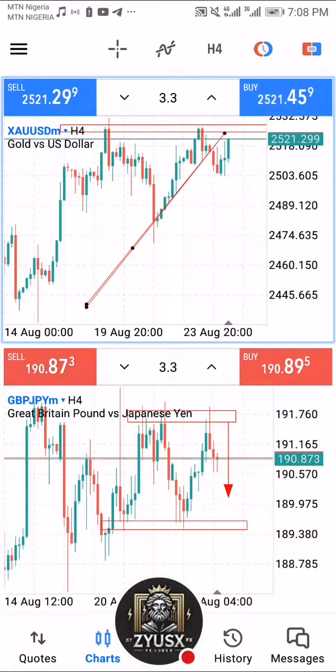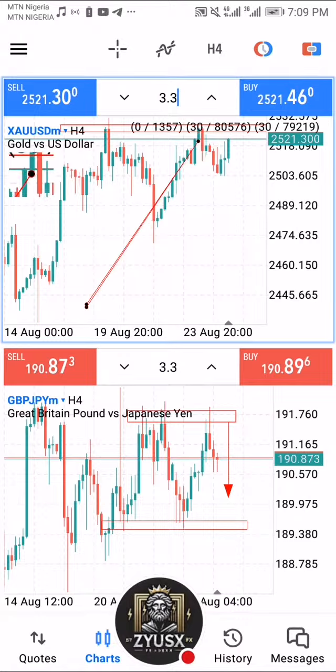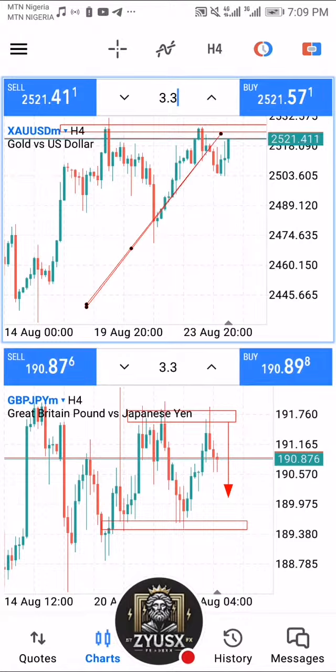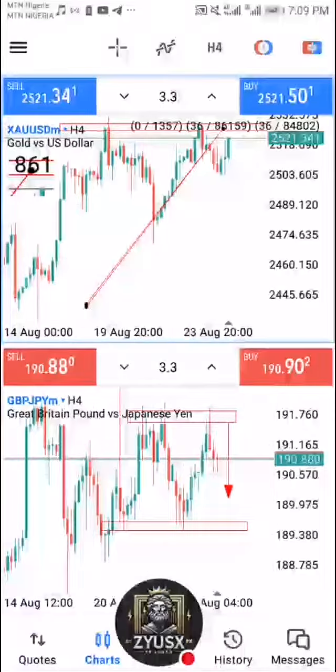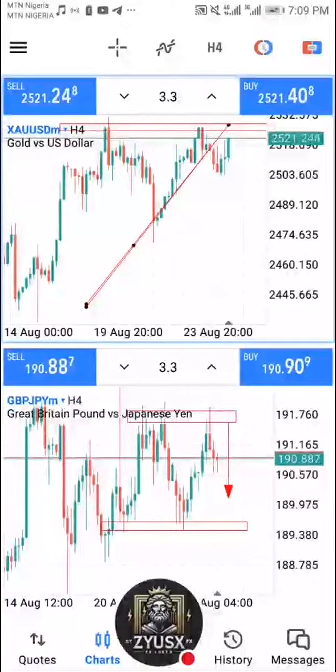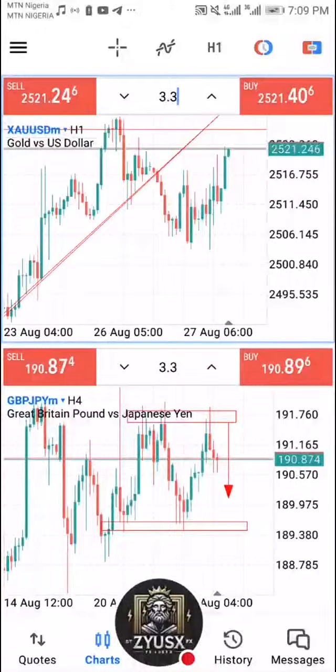So all we are doing now is waiting for price to get back to the level to see if we can get a good trade. Remember, your high probability trades are going to always come at key levels. If identified, the next step is to wait for price to get to that level.